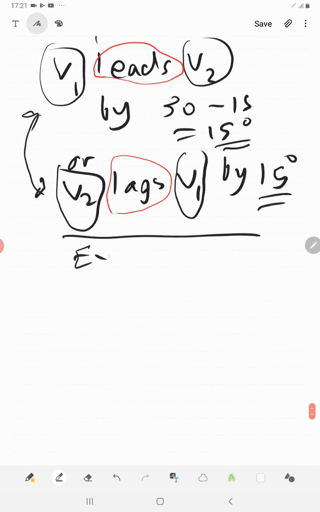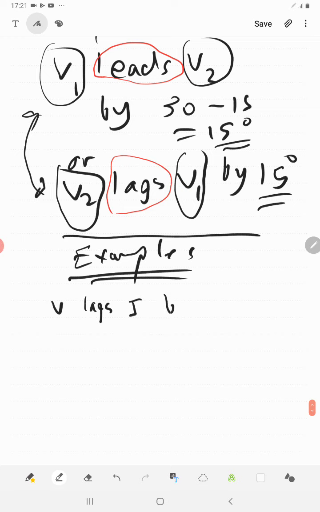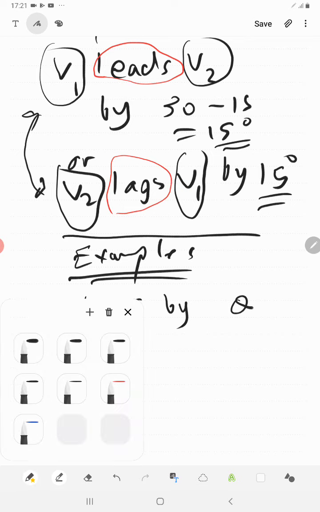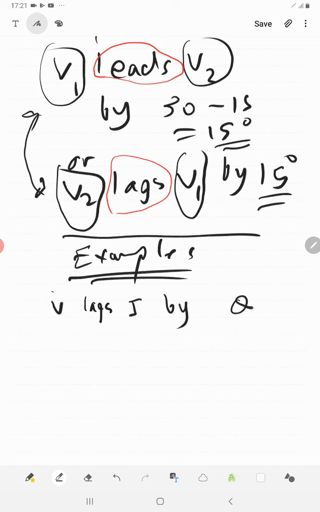Let's have some examples. If we say V lags I by, let's say, theta, we have the variables V and I, the wording lags, and the angle theta.